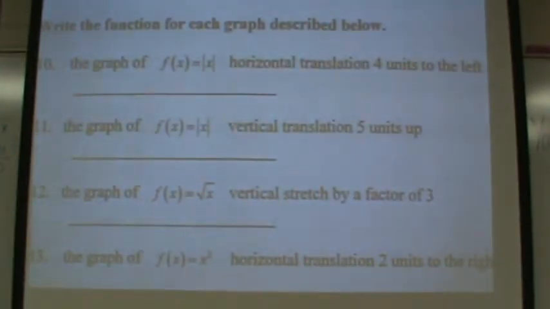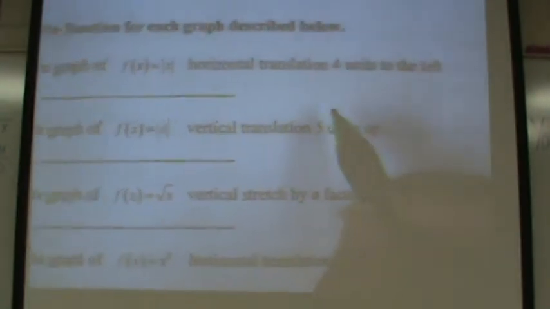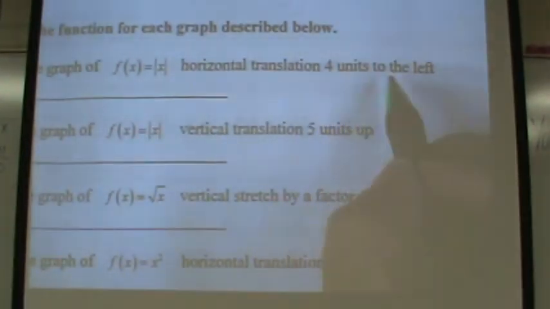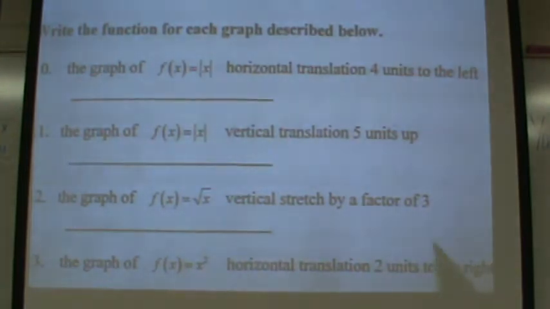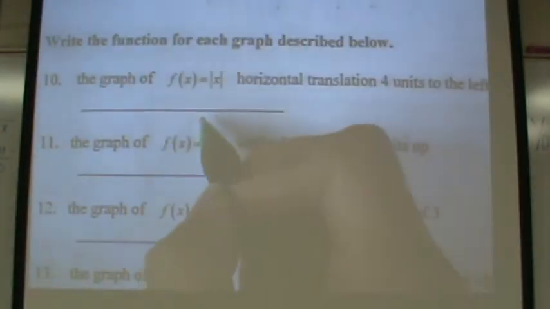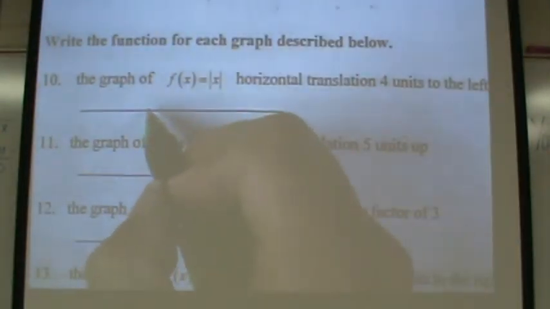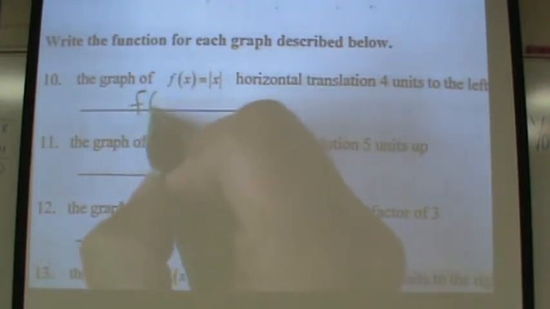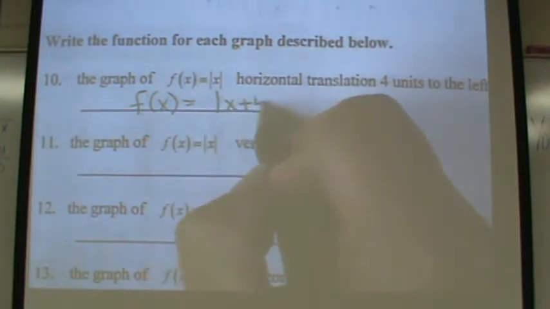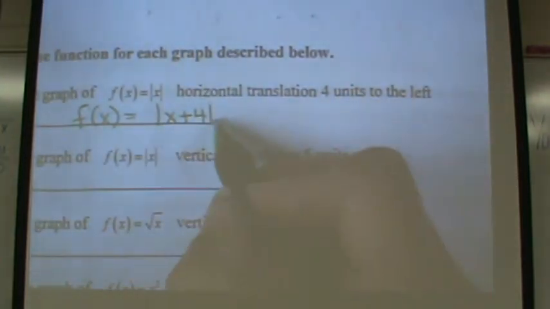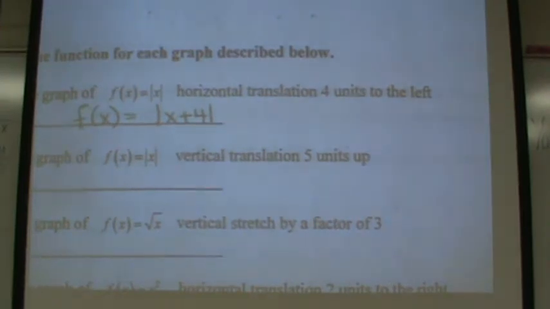I'm giving you the absolute value function, and I want you to go 4 left. So 4 left means plus 4. Where does plus 4 go? Inside the parentheses, with the x. So plus 4 inside is 4 units left. See if that makes sense.